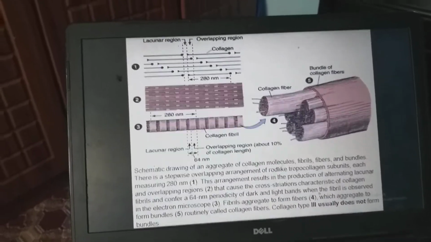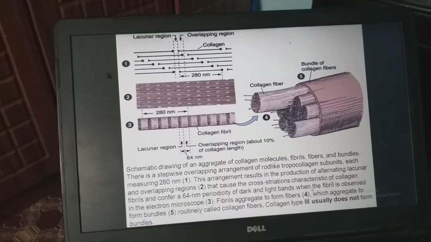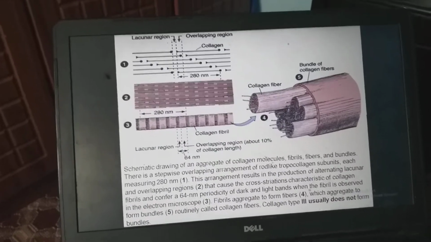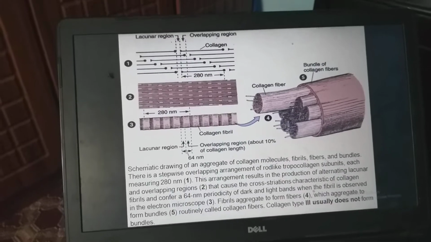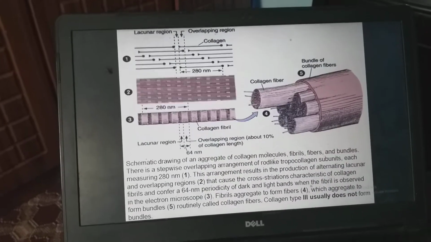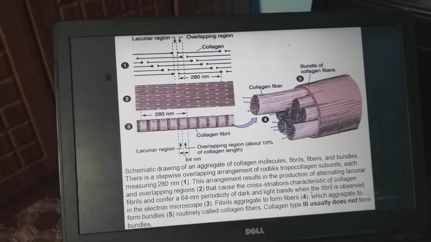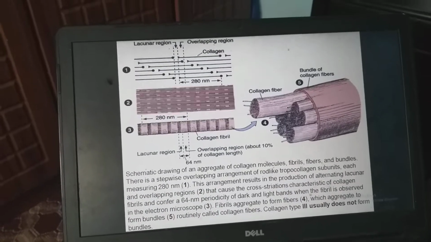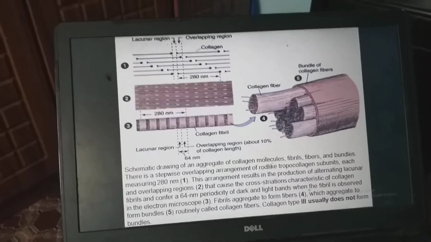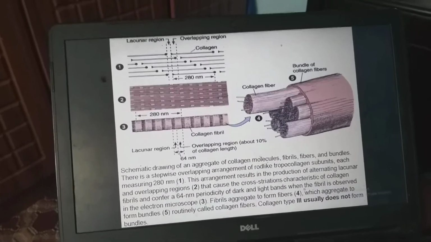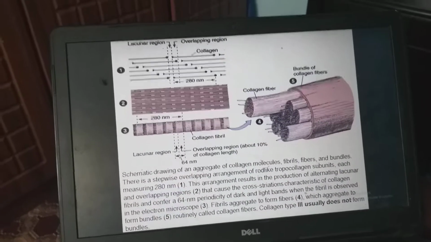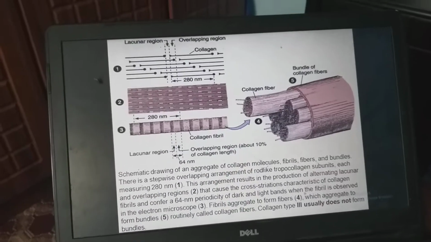That means, you remember when we discussed muscles, there is an area of white in the dark, alternating periodically dark and light, which come together and form aggregates of fibers. Then these aggregates come together to form bundles, and finally at number 5 they form collagen fibers. So there are 5 major steps.